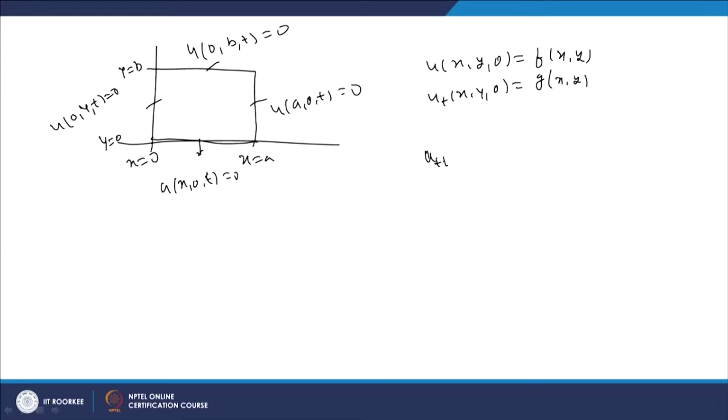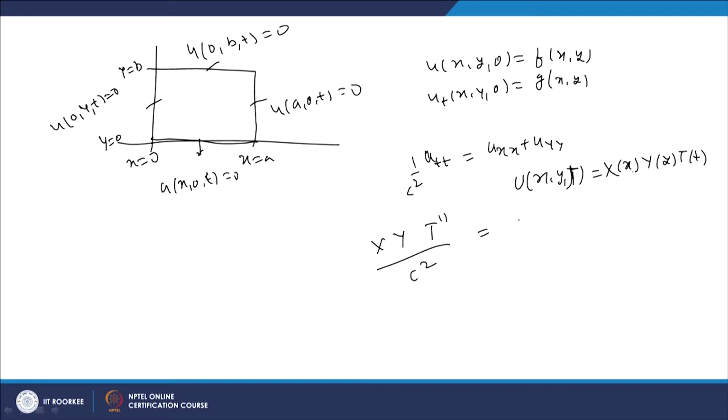So, let me do it here. We have 1 upon c square utt equal to uxx plus uyy. When you write u of x, y, t equal to X of x, Y of y and T of t and put it here, it is T double dash XY divided by c square equal to X double dash YT plus Y double dash XT.